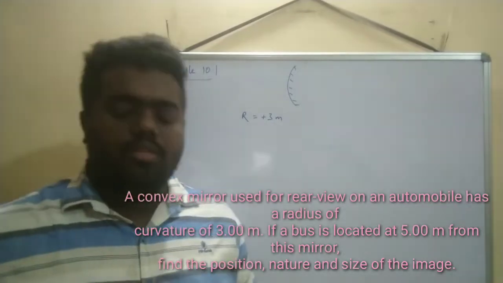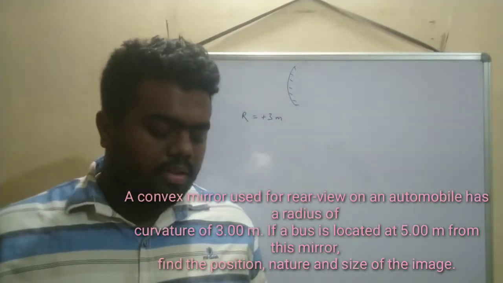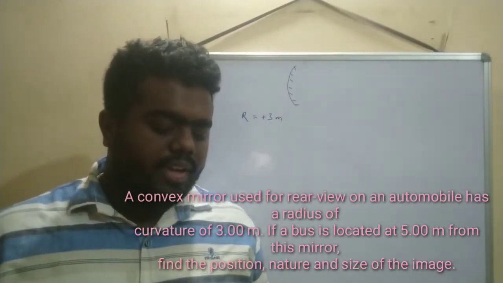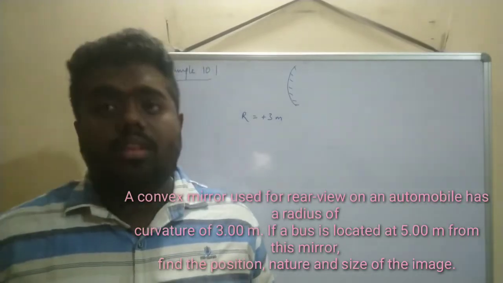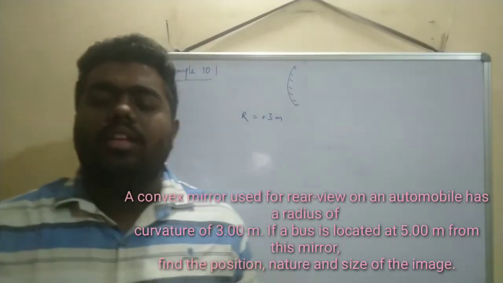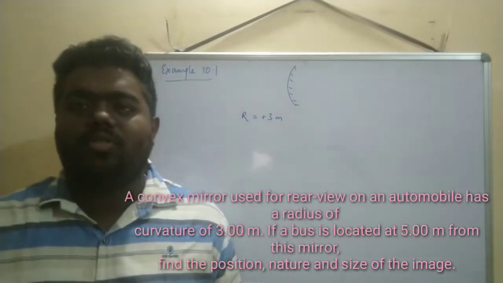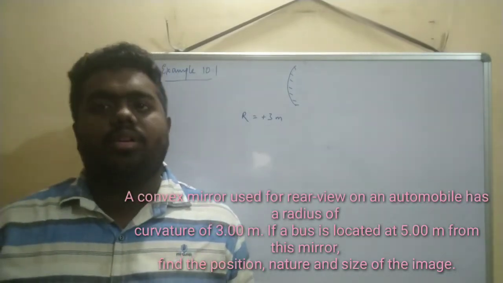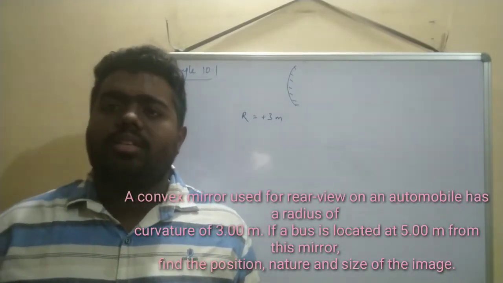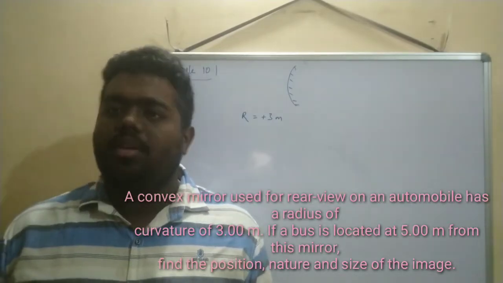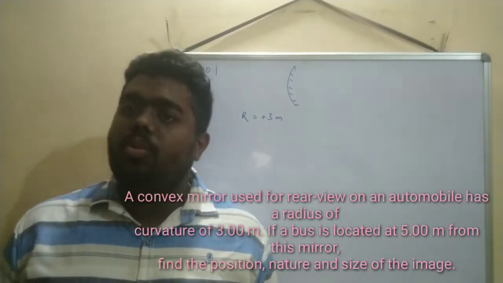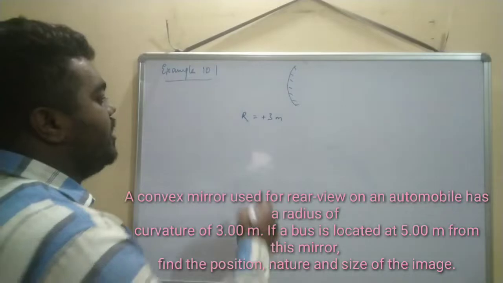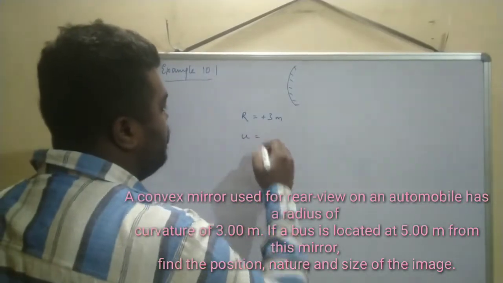Okay, now reading further. If a bus is located at 5 meter from this mirror, now there is a bus. This bus can be treated as object. So bus is object. Now the bus is 5 meter away from this mirror. That means value of u is given. Object means u.